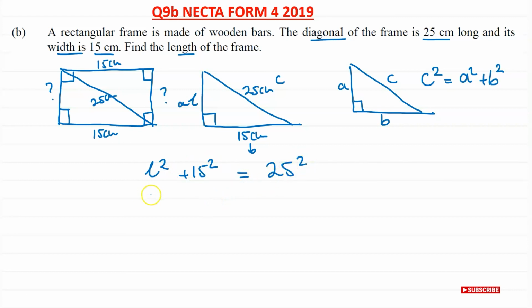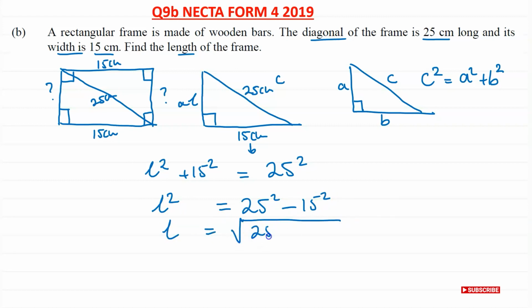To make L squared the subject, because that's what we need, it is equal to 25 squared minus 15 squared. Then L is equal to the square root of 25 squared minus 15 squared.